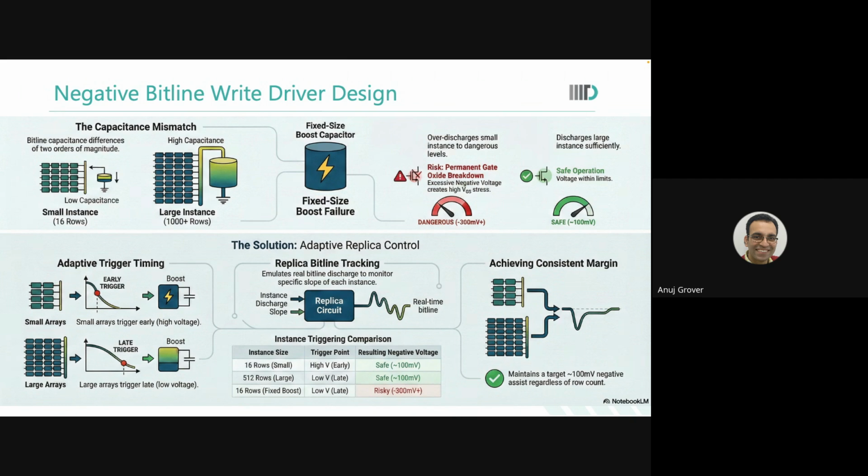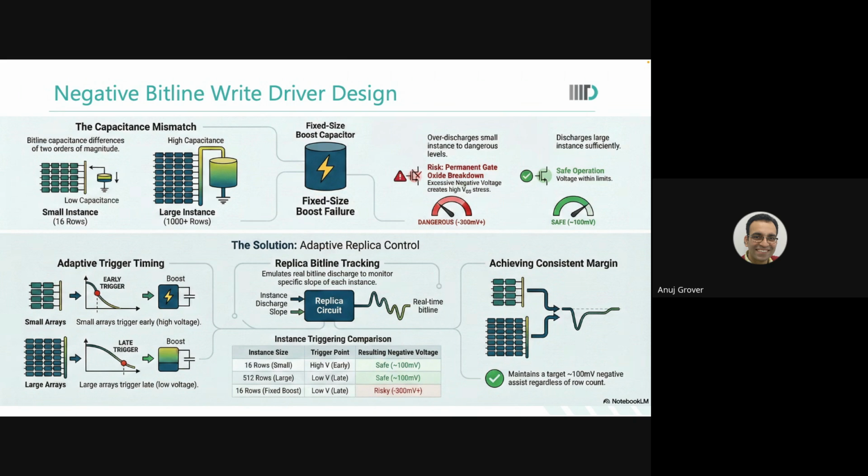So for very small instances, the replica that we created will respond faster than for large instances, where this will respond slower. As a consequence, you will trigger the charge onto the bitline capacitance much earlier in a small instance, and much later, almost when my bitline has been discharged to 0, in a large instance.